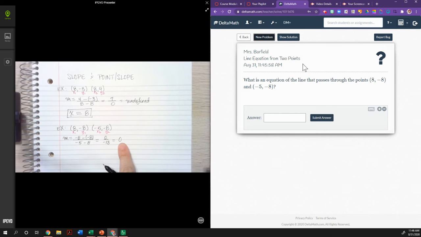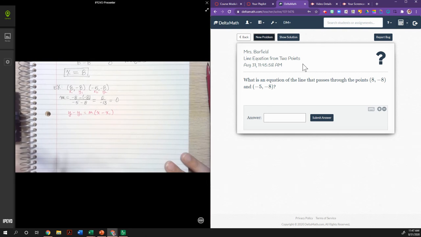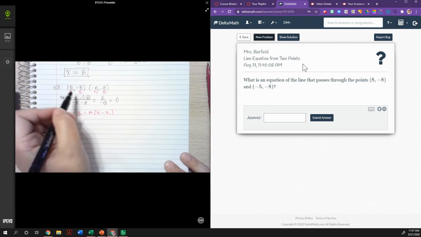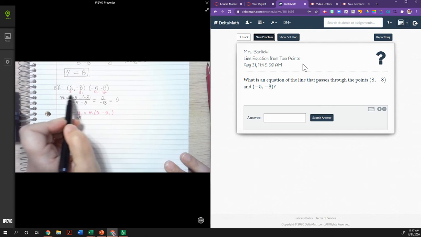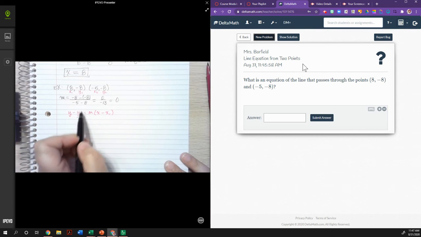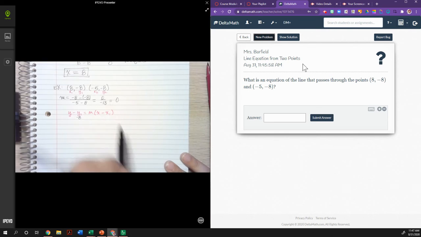Okay? All right, now I'm going to take my point slope formula, and since we're still learning that one, it's new. y minus y1 equals m times x minus x1. All right, so y1 we've been told is -8, okay, because we labeled our points. So I'm just going to label it and then I'm going to use it.